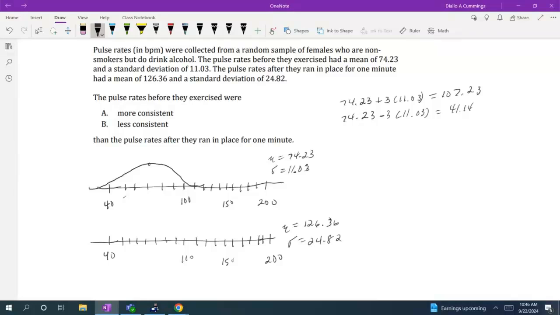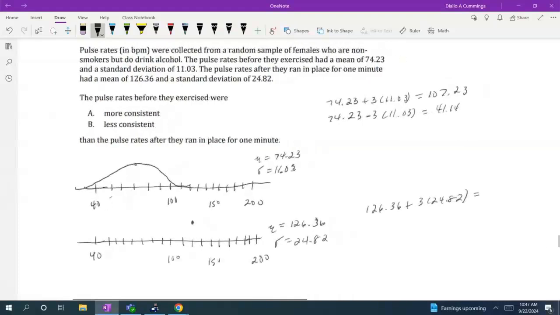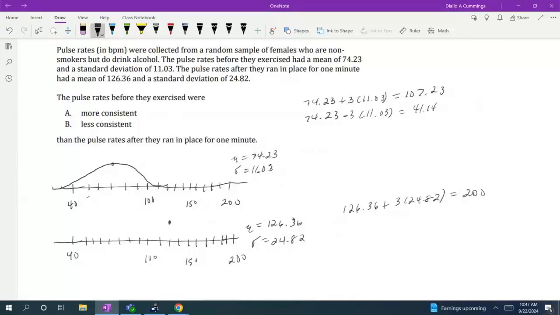If we take a look at our second curve, the mean is 126.36, which is about here. And if we go 3 standard deviations above the mean, we get 200.82.